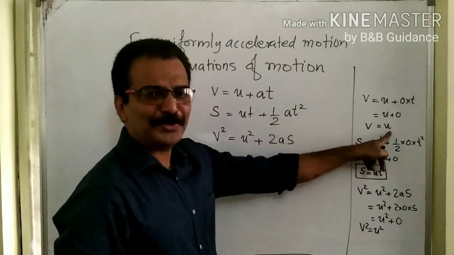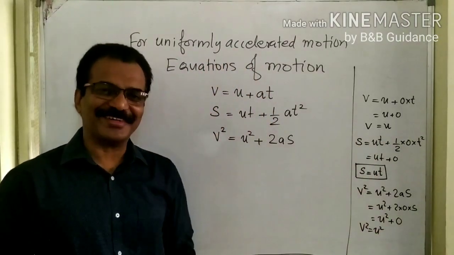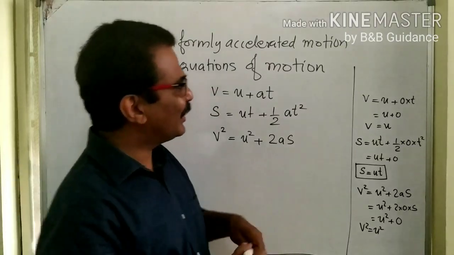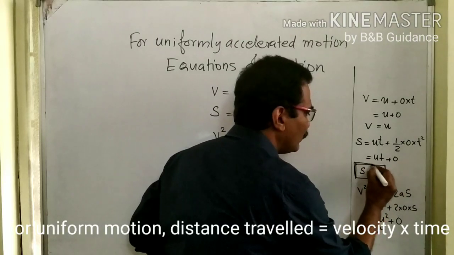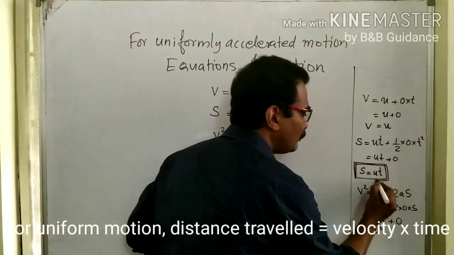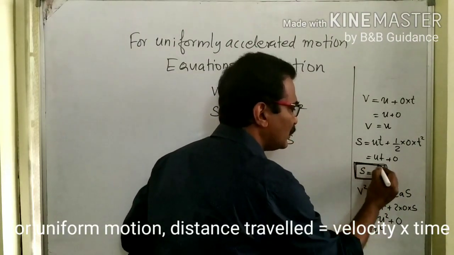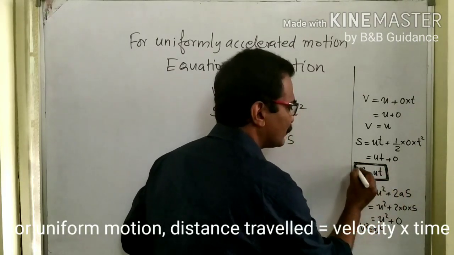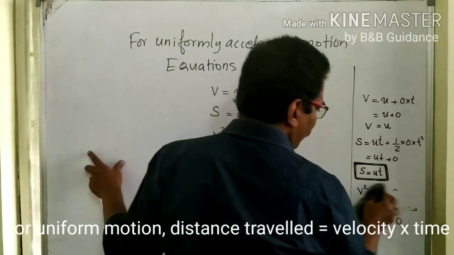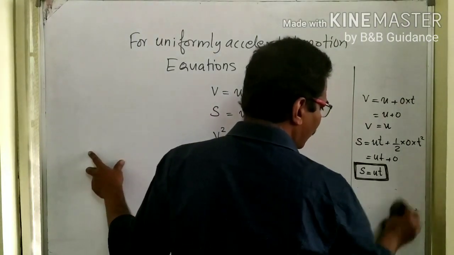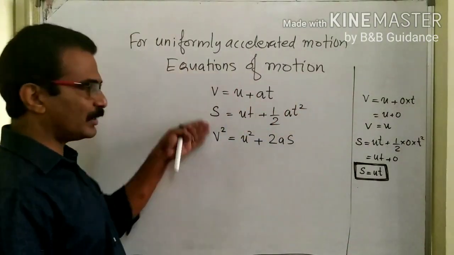If V is equal to U, V squared is equal to U squared. Okay. Especially this formula we will use for a uniform motion when a body moves with a uniform velocity. If a body has uniform acceleration, these are the formula.